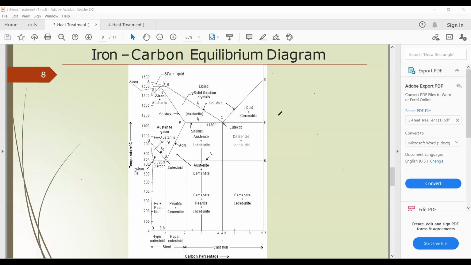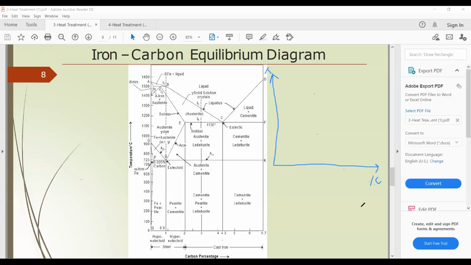What are they? So this is an iron carbon equilibrium diagram. The y-axis is temperature, the x-axis is carbon percentage, right? Now, in the previous slide we discussed the constitution of iron.